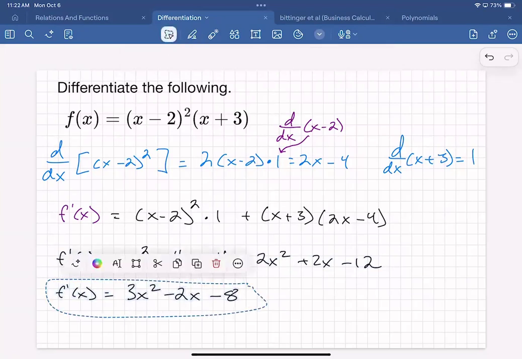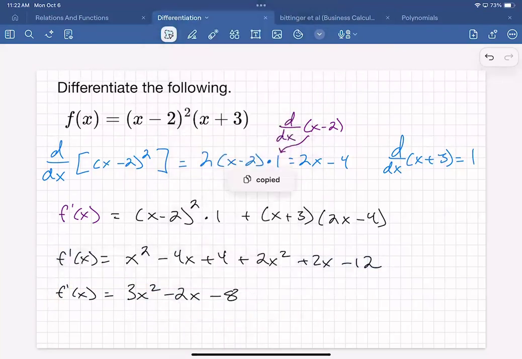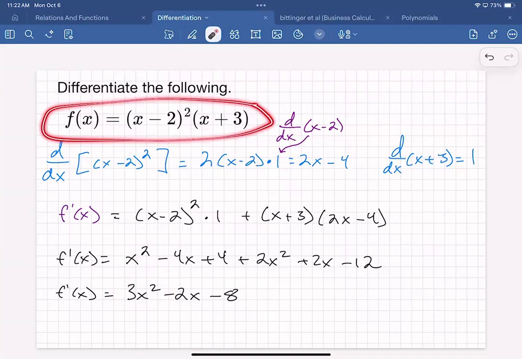Now, should we be surprised that when we're done simplifying here, that we're getting a quadratic? Should we be surprised by the fact that we have x squared here when we're done? How many factors do we have up here? There's three, right? There's two unique factors, but remember, this is called multiplicity.